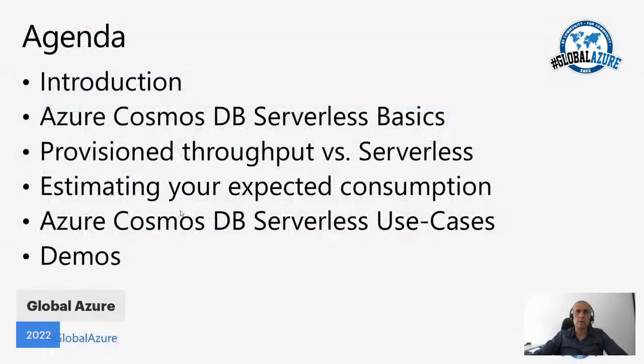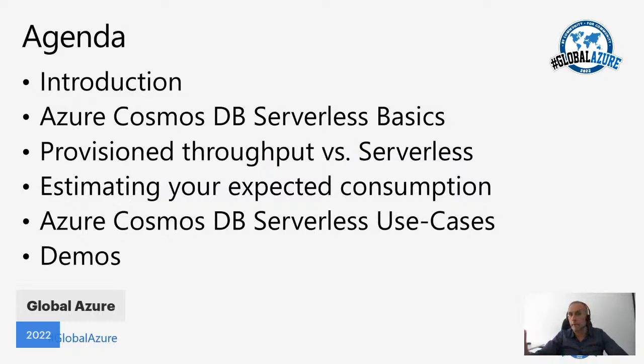Our agenda includes several things about the Cosmos DB concept, what is Cosmos DB serverless, and what exactly is related to provisioned throughput and the serverless concept in Cosmos DB. We will talk about estimation of expected consumption.